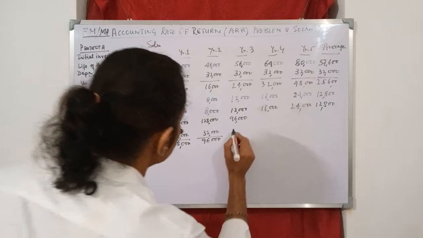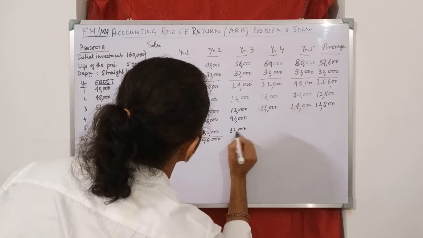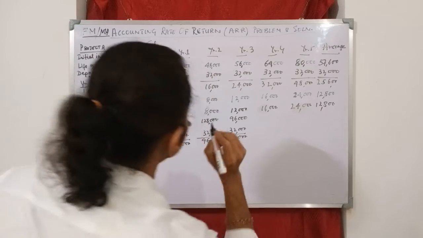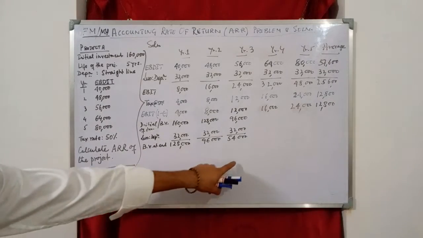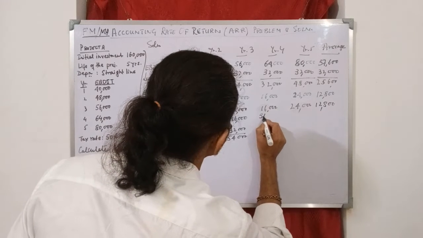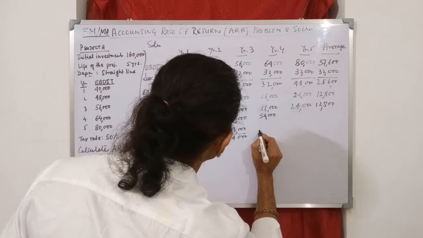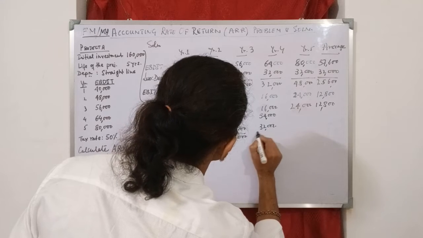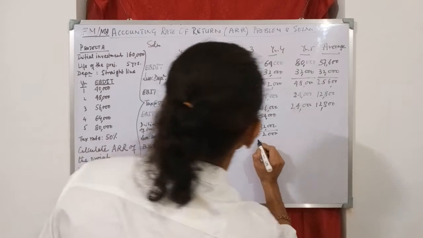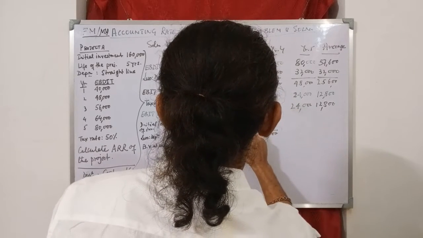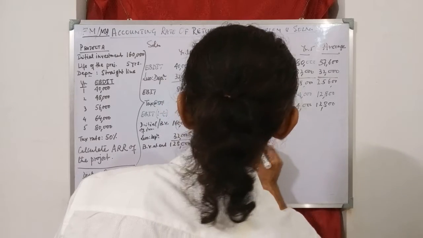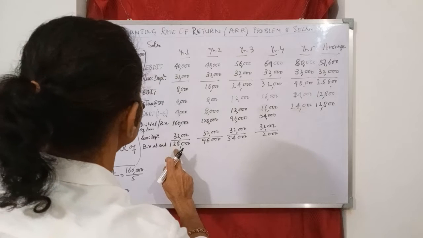Again, deduct depreciation 32,000. So we get 64,000 as the book value at the end of year 3. Sorry, 64, not 54. So this will be the book value at the beginning of year 4. Again, deduct depreciation 32,000.